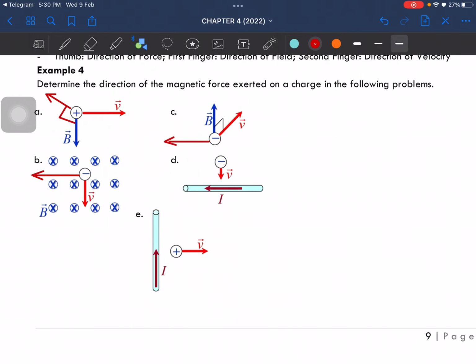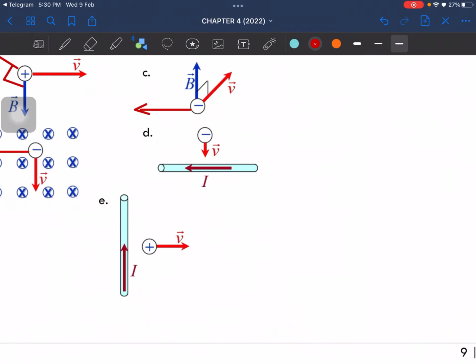Okay, question D, so it does not give us the direction of the magnetic field, however it does give us the direction of current, so we can find the direction of the magnetic field by using right hand grip rule.